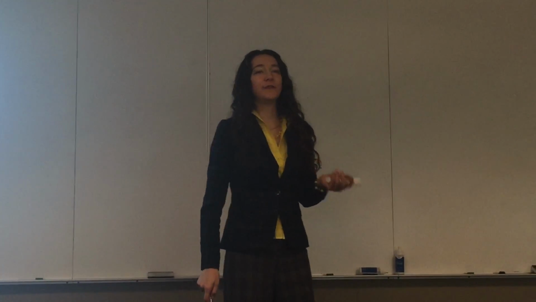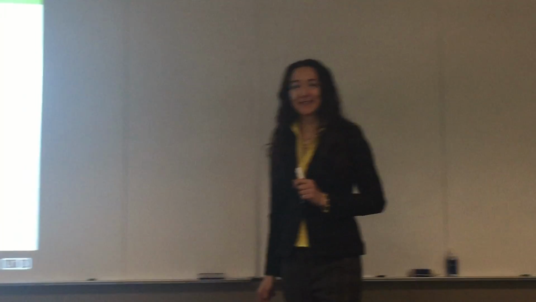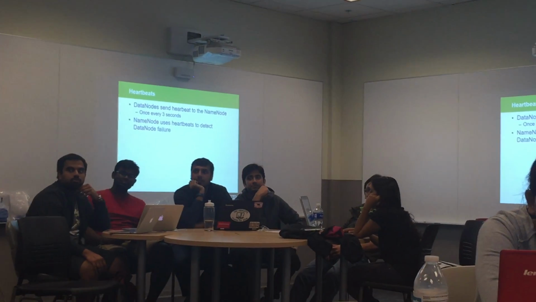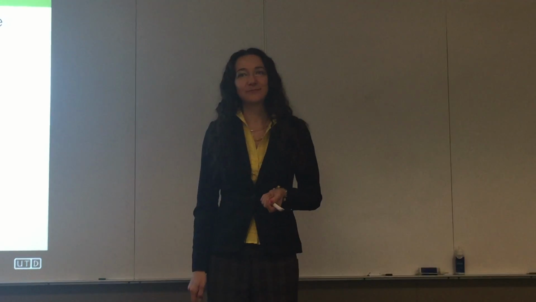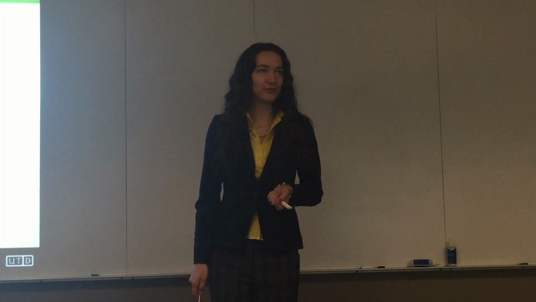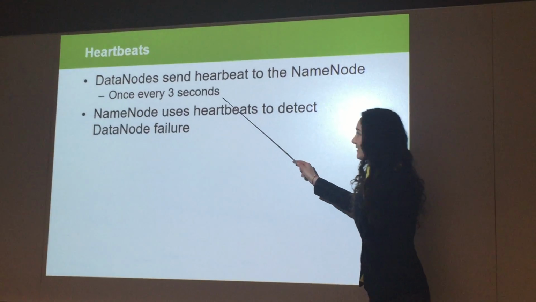How do we know that they even died in the first place? Anyone? Periodic signals. The DataNode sends a heartbeat to the master node. Yeah, very good. So the DataNode will just send a message or a signal to the NameNode, and it sends this signal every 3 seconds.